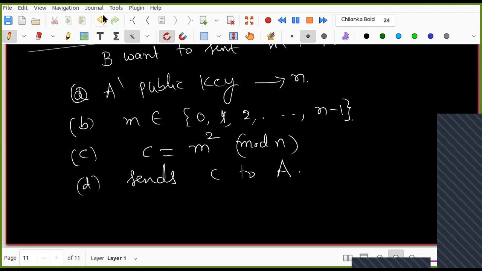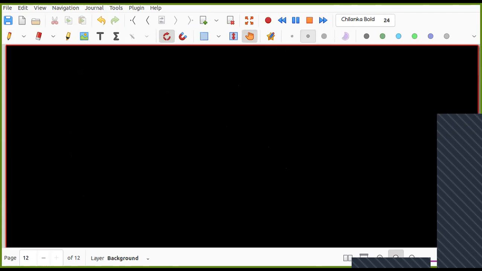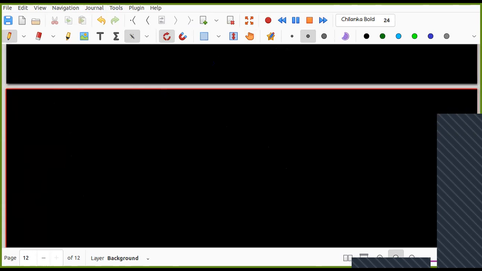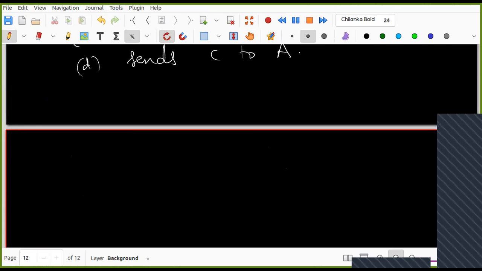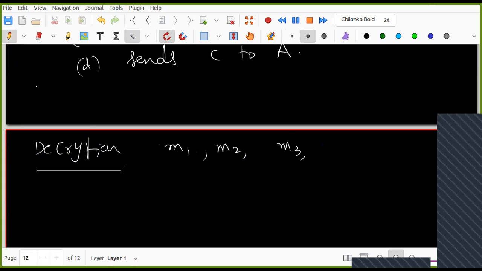What is the decryption algorithm? I'll write it below. The decryption algorithm goes like this. There are four values M1, M2, M3, M4, the four possible square roots.